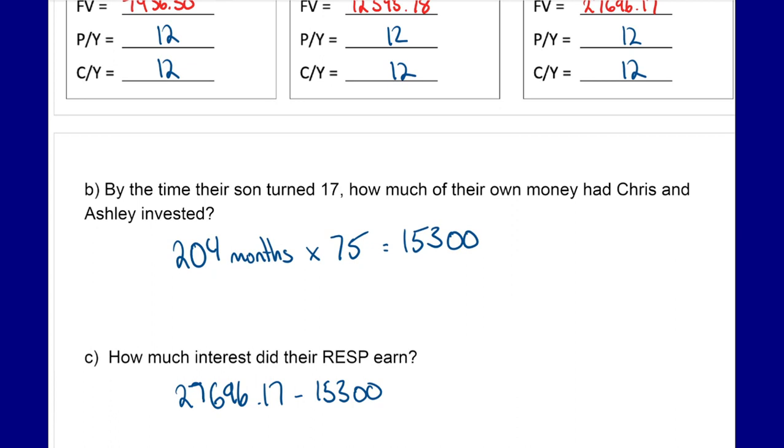So 27,696.17 minus 15,300, we get $12,396.17. So that's how much interest they earned over 17 years. It's under $1,000 a year in interest, but that's pretty decent, especially when you're only putting in $75 a month. That's not too bad.